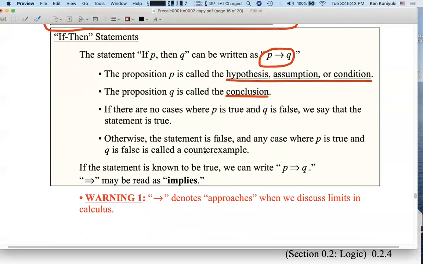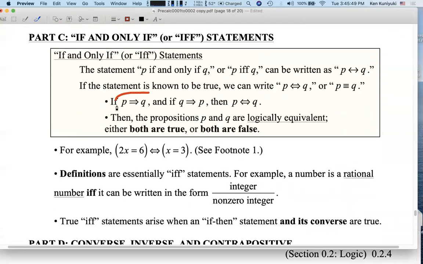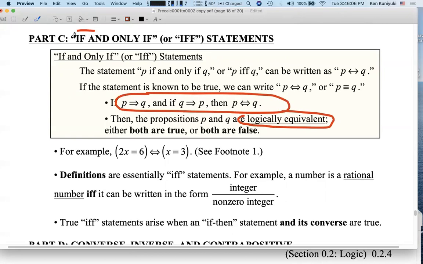Now, if P implies Q and Q implies P, then they imply each other, and we have logical equivalence, meaning both have to be true or both have to be false. Many definitions can be thought of as these: if and only if, or IFF statements.